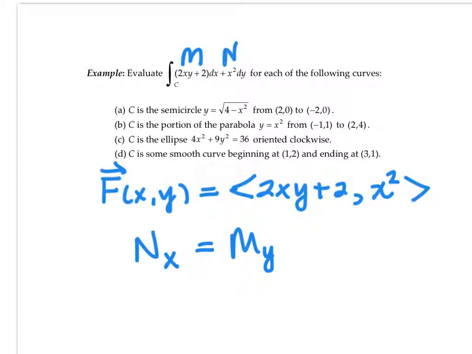So let's check that, make sure that that's true. If it's not, then we can't use the fundamental theorem. Well, N sub x is 2x, and M sub y is also 2x. So we know this vector field is conservative.